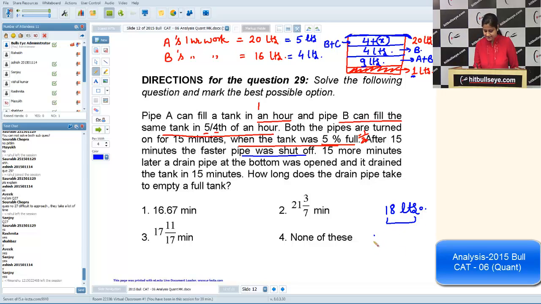And this 18 liters, 9 plus 1 plus 4 plus 4, is drained by pipe C in 15 minutes. Now you can apply the unitary method. In how much time will 20 liters be drained out? Is it okay? Clear, guys?